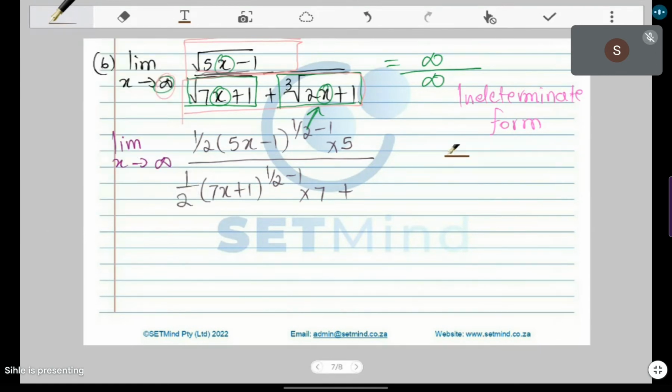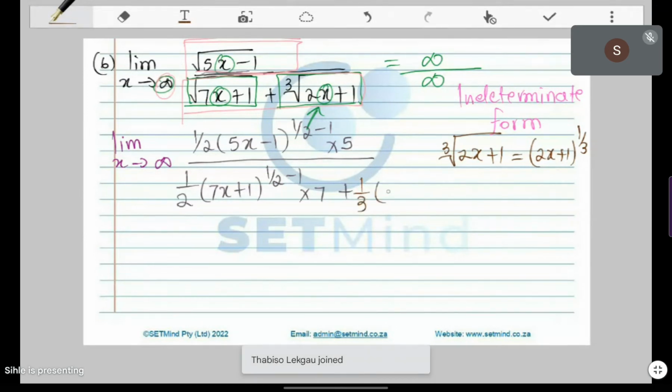So we have there the cube root of 2x plus 1, and that is simply 2x plus 1 to the power of 1 over 3. That's what cube root means. So if I derive that, I'm going to have 1 over 3 here, 2x plus 1 to the power of 1 over 3 minus 1 in the exponent, and then multiplied by 2, which is the derivative of what is here.